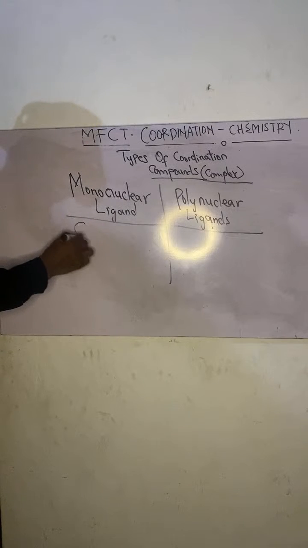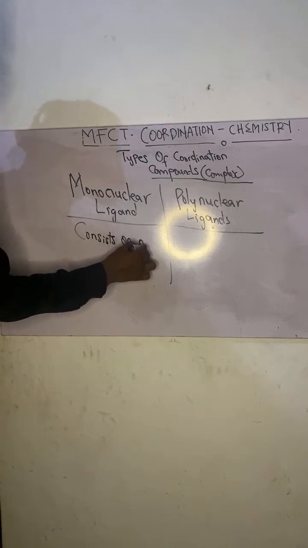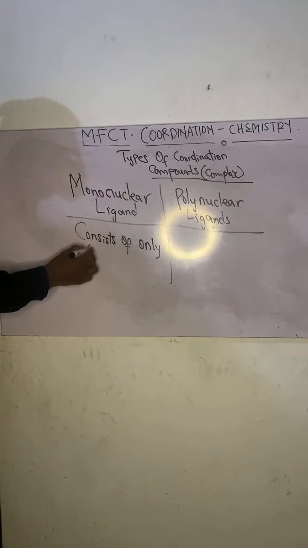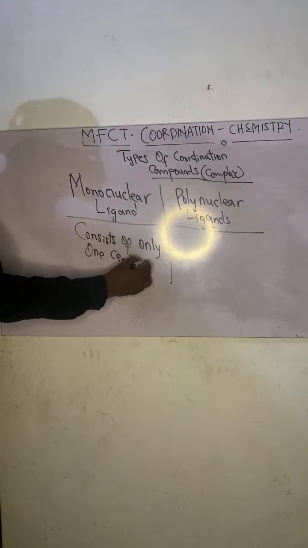Now, once you hear mononuclear, it consists of only one central atom.